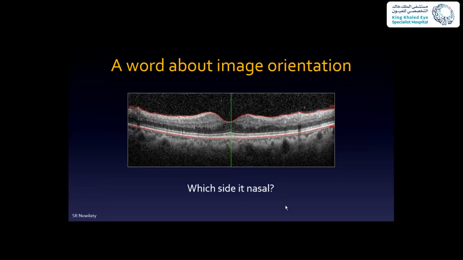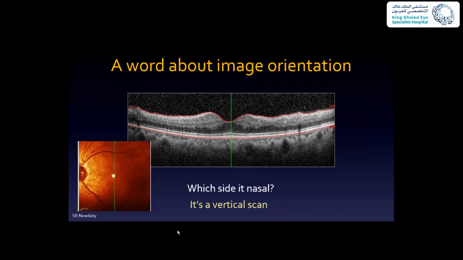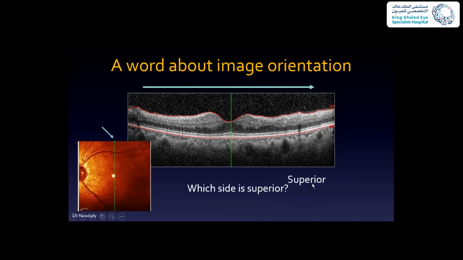Another clue that tells you that this is a vertical scan is the presence of the vessels. And if we look here, we see that the arrow goes up. Therefore, this is superior. And remember, the head of the arrow always points to the right. So this part is superior and this part is inferior.